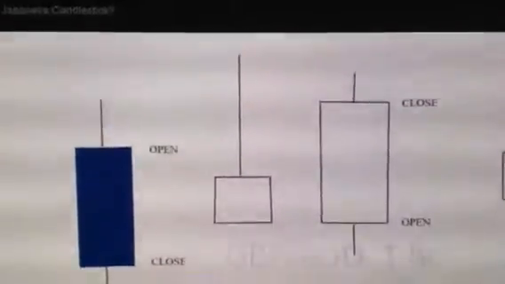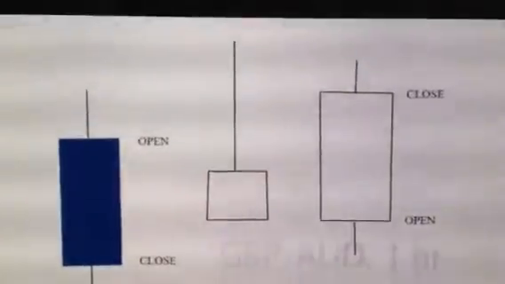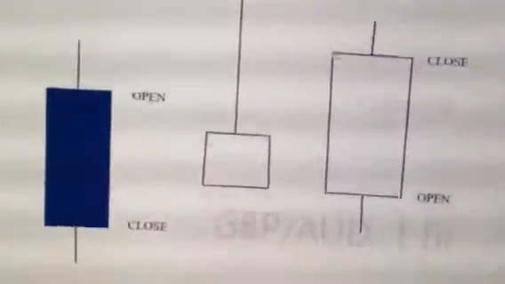Now, let's talk about when we combine these candles, what do they form? We'll start with what's called a morning star. A morning star is when the market, for 1 hour, or whatever the time frame is, for that one candle, shows a downward movement. And then we refer to this as a fight.